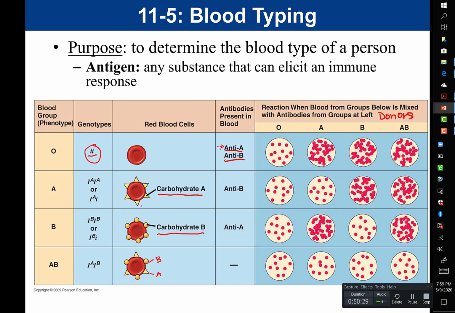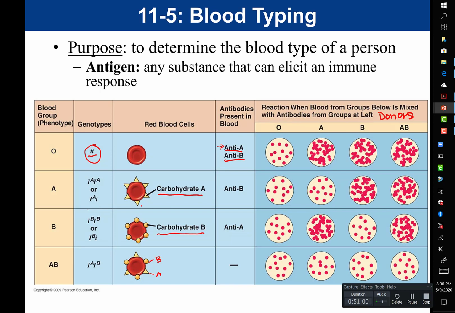So somebody who is blood type A could be IAIA. They could be two A alleles. Or they could be IA little i. So that means that they inherit one A allele and one O allele. Remember that O is recessive to A. O allele basically means they don't make that carbohydrate on their blood.